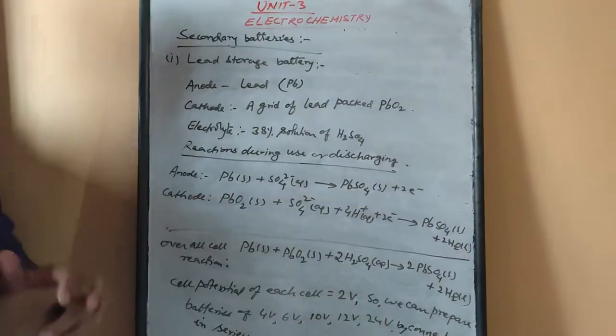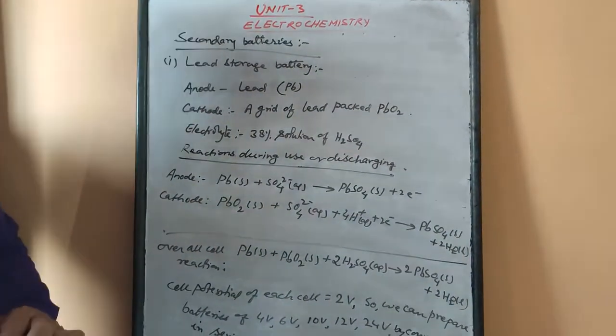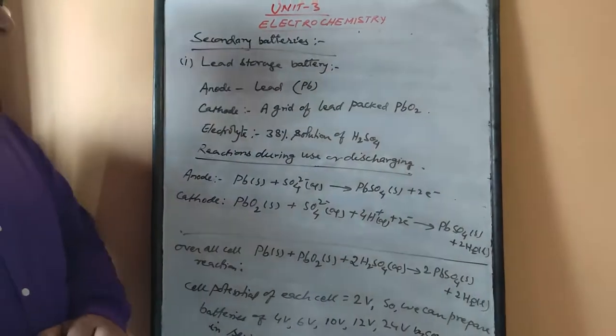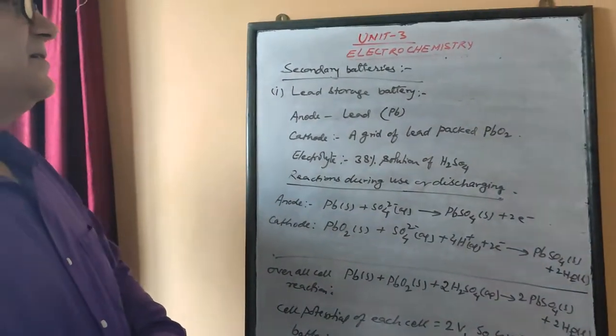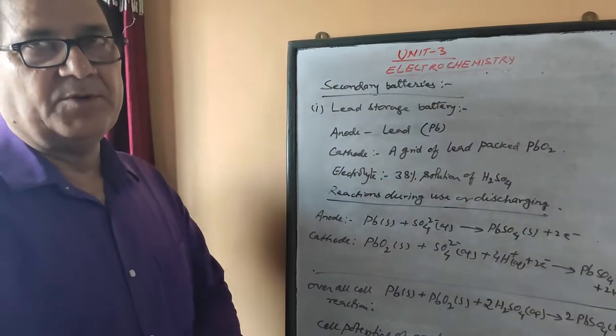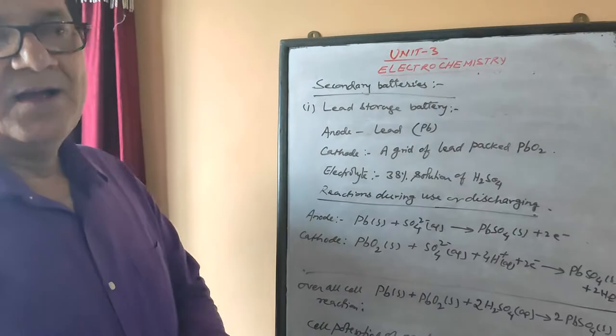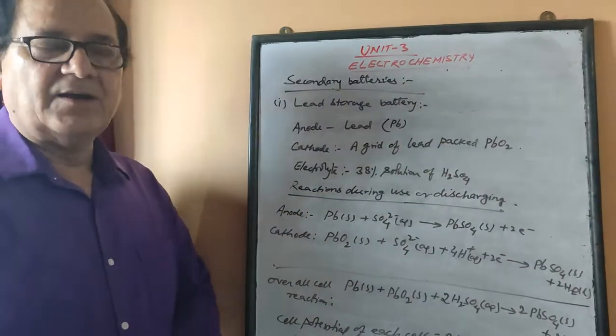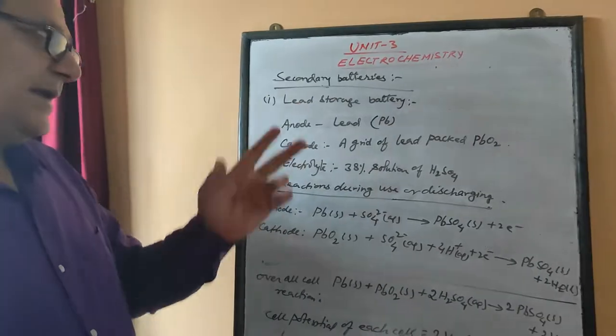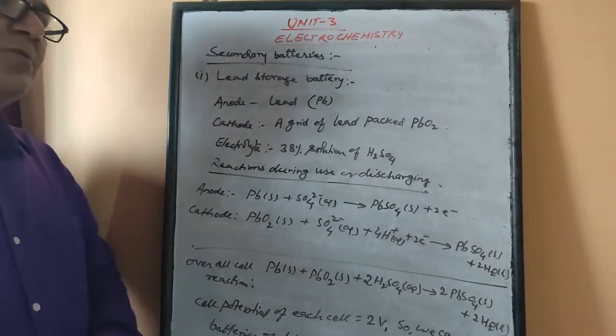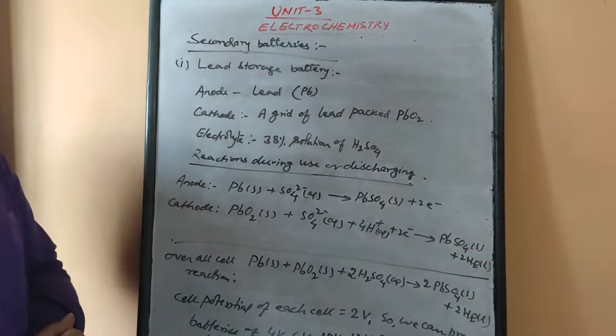Okay, now we are coming to the secondary cell. Secondary batteries are those batteries which are rechargeable and can be used again and again. In this topic, we have to write two types of batteries.